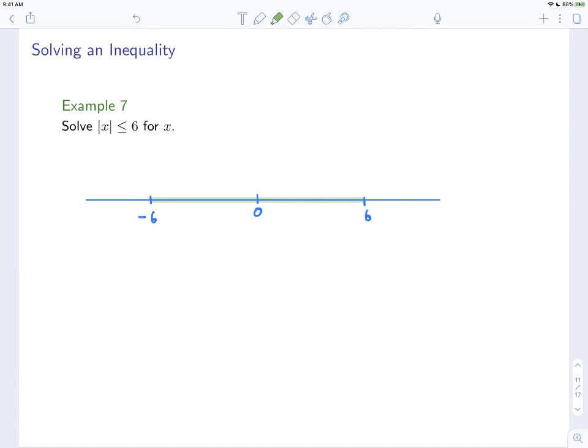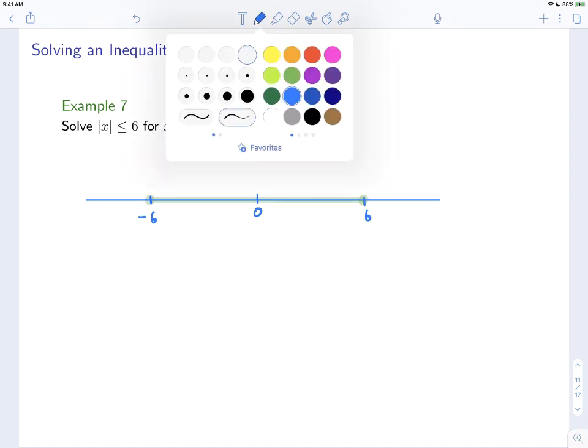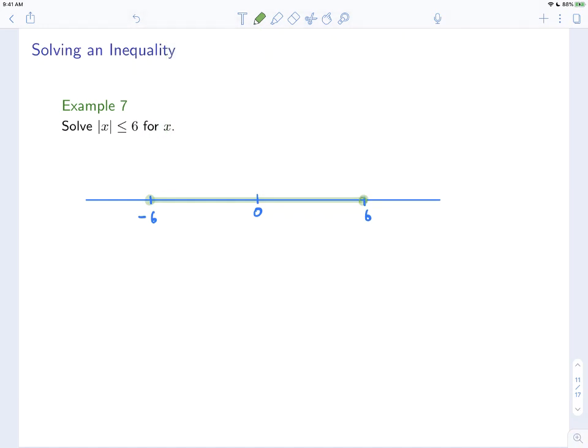So the way we indicate that we're including the endpoints is we put a circle like so. Now it's going to be a filled circle. So we put a circle and fill it in. If you fill in the circle, that means you're including 6 and -6. If I wasn't going to include 6 and -6, then I would leave those circles empty. Let's actually write that down.